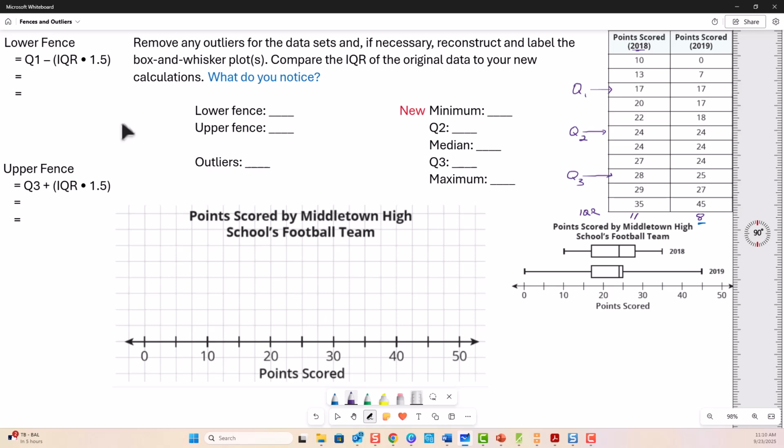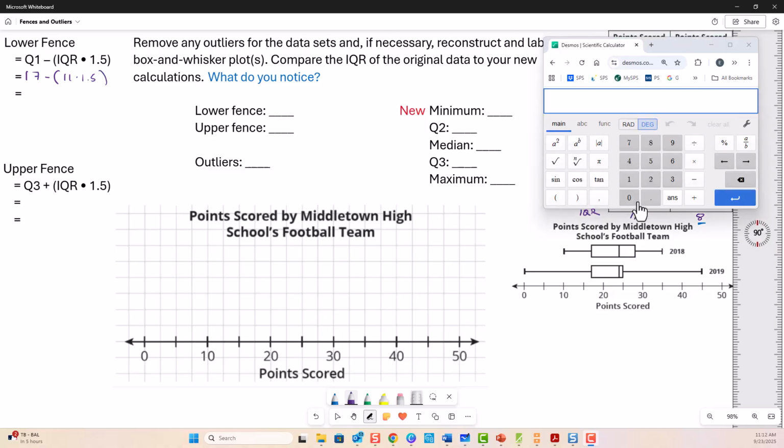So in 2018, my first quartile, 17, minus my IQR times 1.5. My IQR is 11 times 1.5.